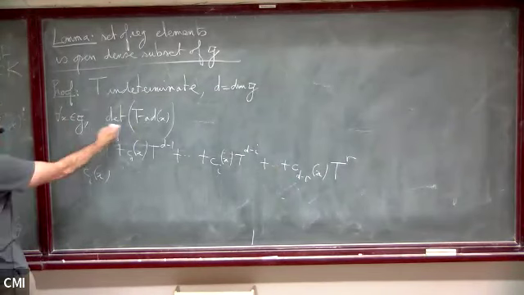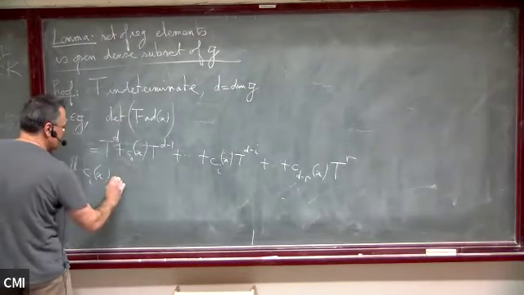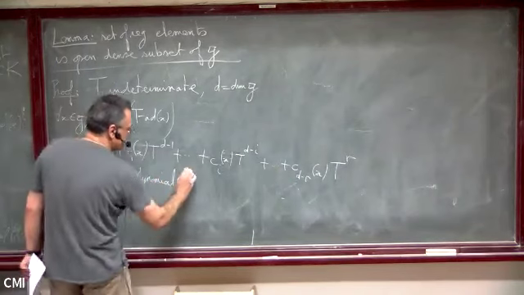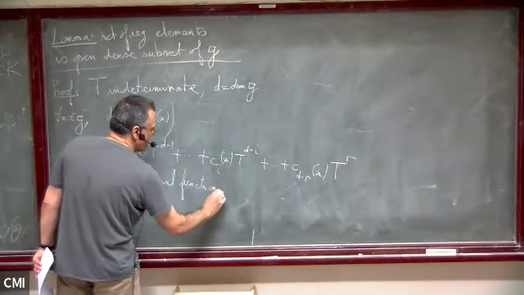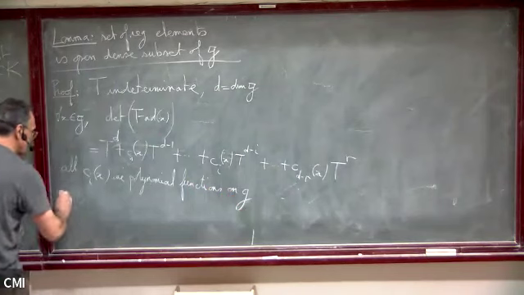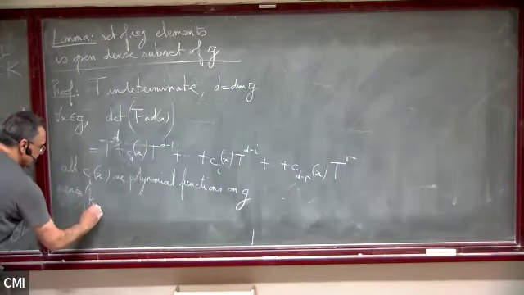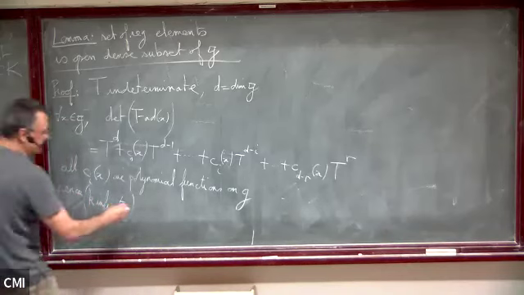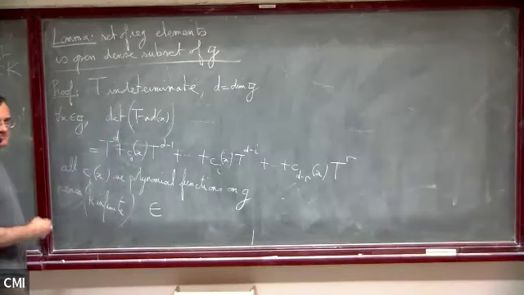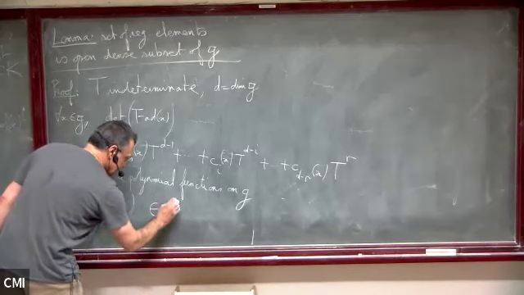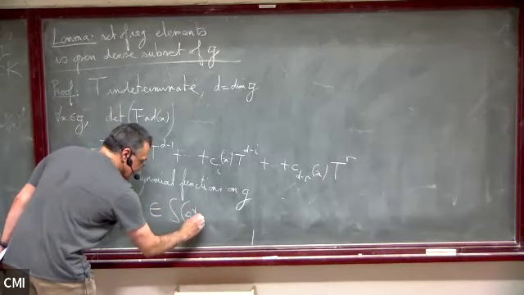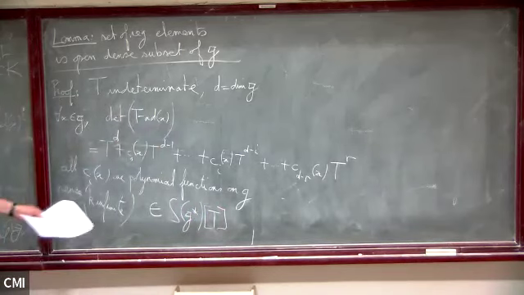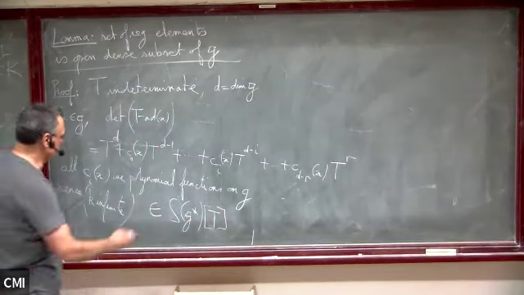So clearly, since we are taking a determinant, all such expressions are polynomial functions on g, and it is here that we use the hypothesis that k is infinite. They uniquely determine polynomials.